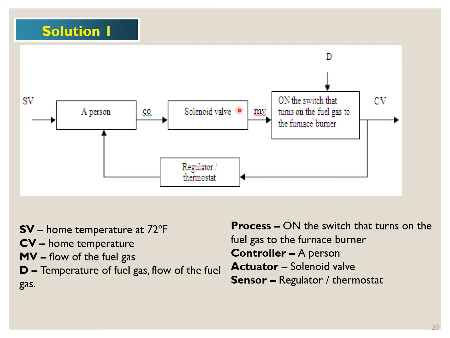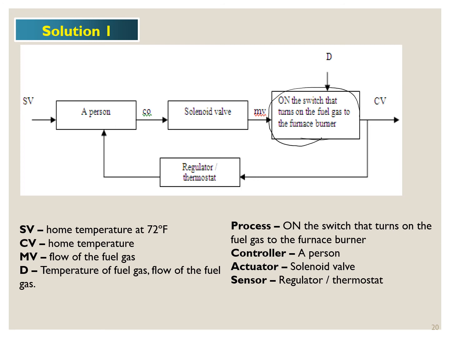So this is the block diagram for this process. Okay, just now we have the process inside here: turning on the switch that turns on the fuel gas to the furnace burner. So here.